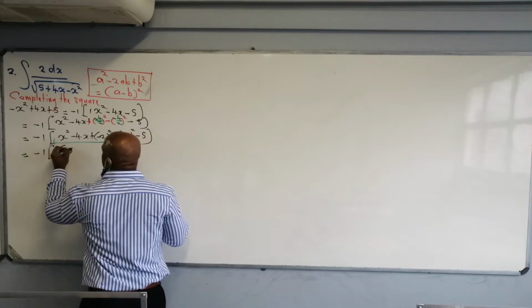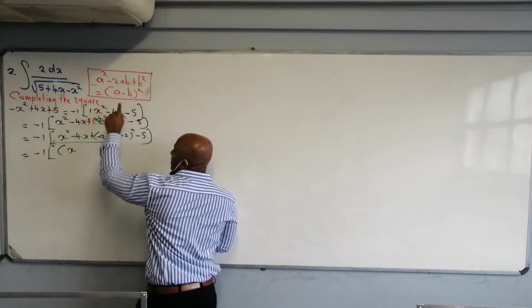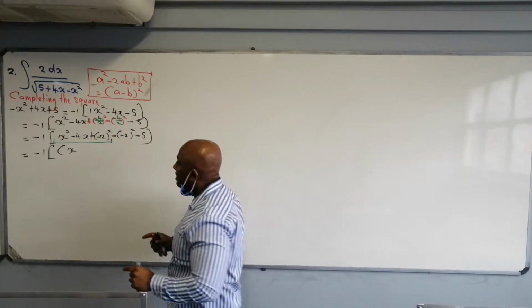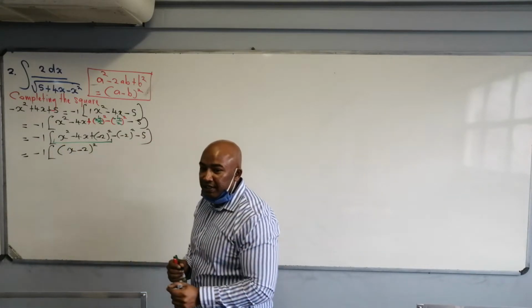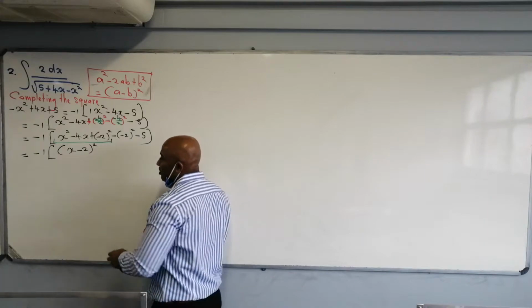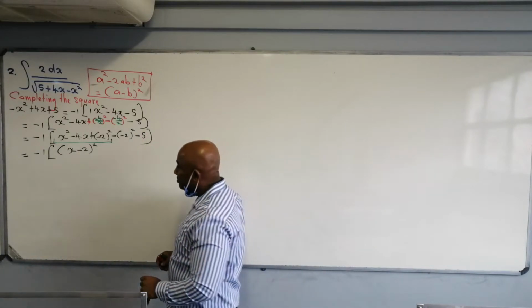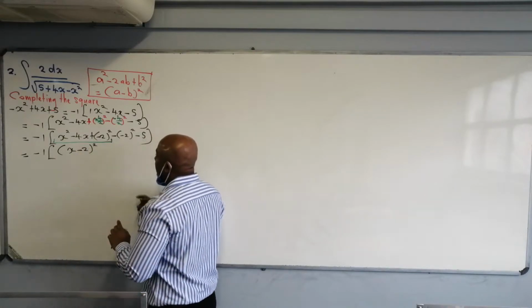So that will be x, my a is x, my b is the same number that you wrote inside the bracket there, which is -2. A common mistake is to forget the sign. You make sure, because if you forget the sign, everything goes wrong. You'll choose the wrong formula also. So that is sorted, and then minus, so you can work this out.